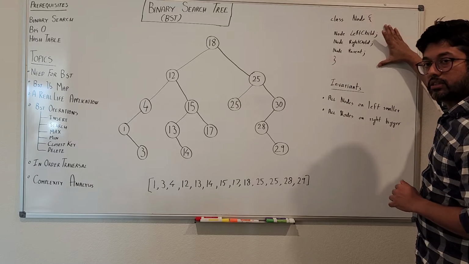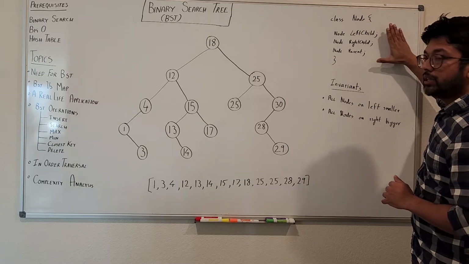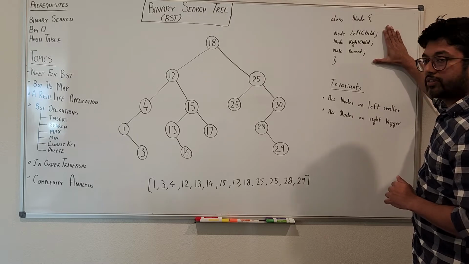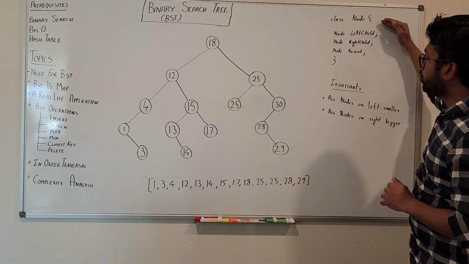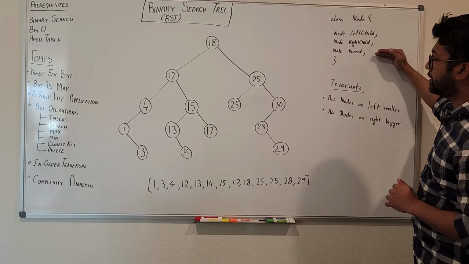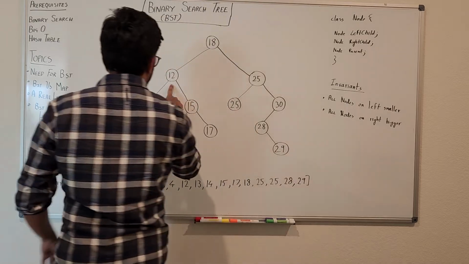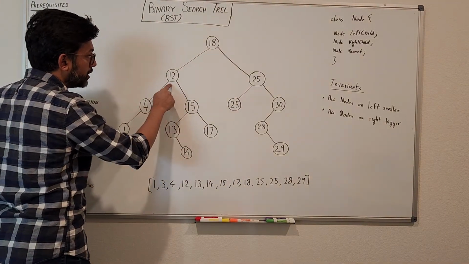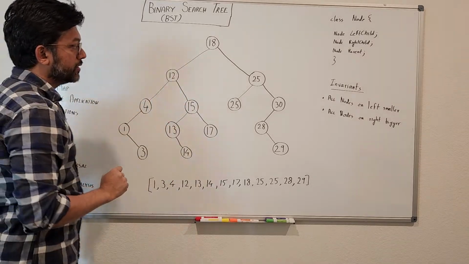So this is something you need to remember. I will erase this in a bit, but before I erase this, either take a note of this or try to remember this. Every node has a left child, a right child, and a parent. So like this node has a left child, which is a node, right child, which is a node, and parent, which is again a node.